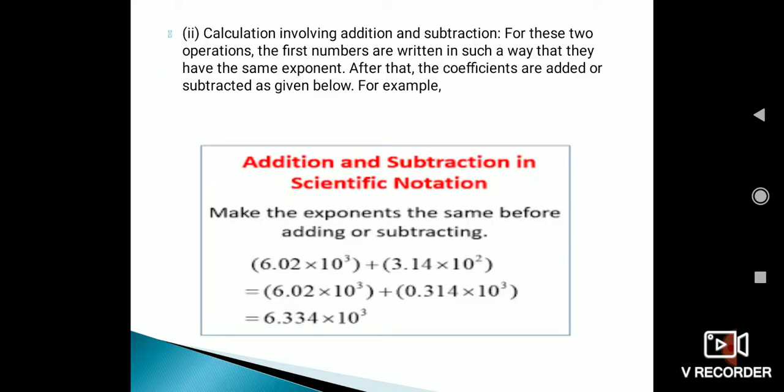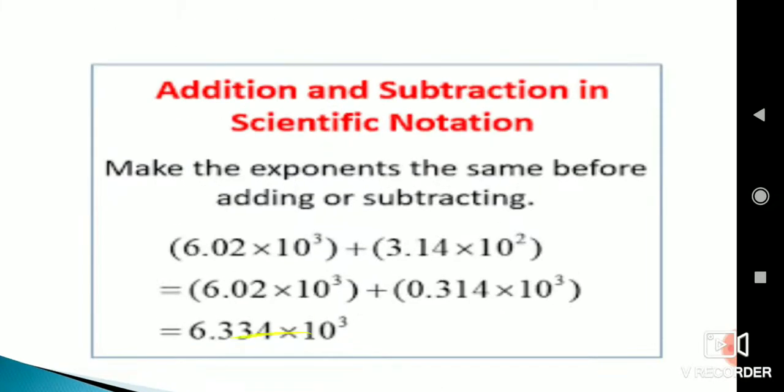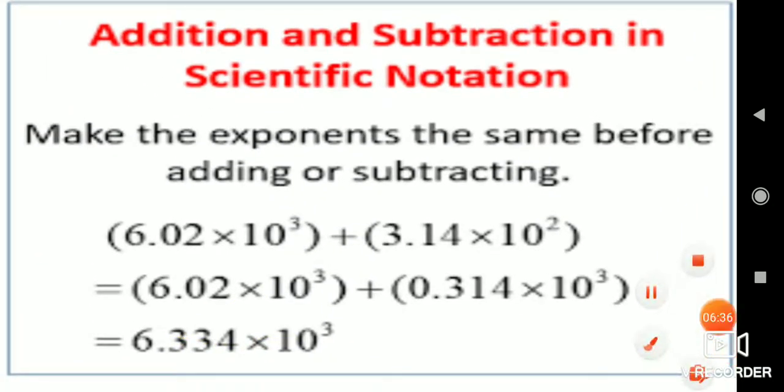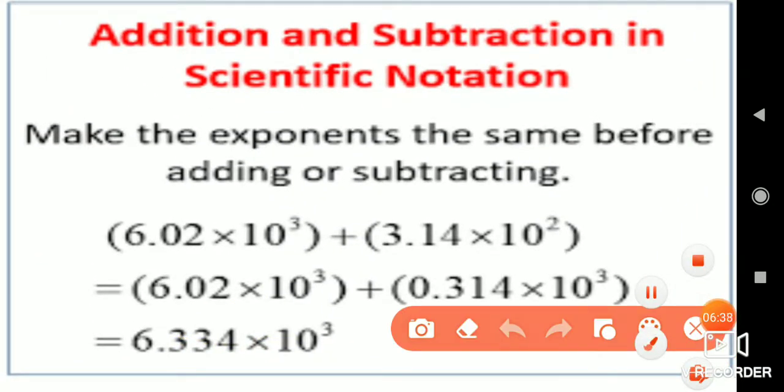Next, the same thing when the calculation involves addition and subtraction. In this, there is the expression 6.02 into 10 to the power 3 plus 3.14 into 10 to the power 2. The first thing we have to do is to make the exponent in both terms the same.